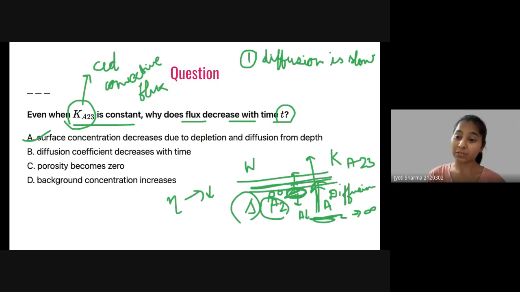And because it is a slow process, there will be some depletion. There may be some depletion, because from the interface the concentration of A is being removed, but it has to be replaced.